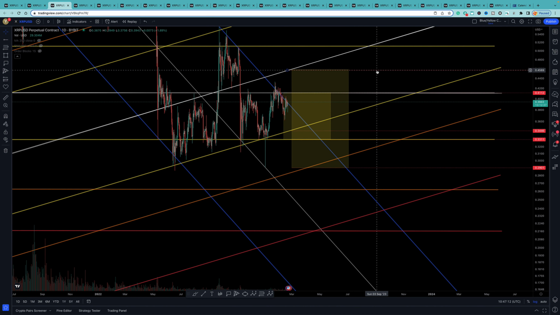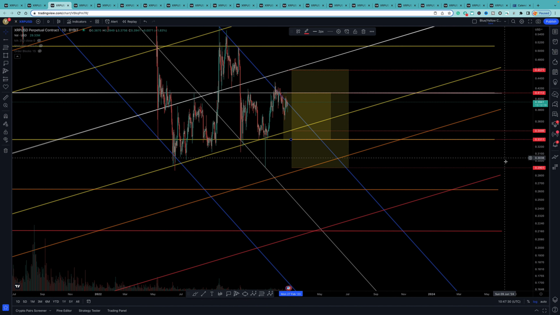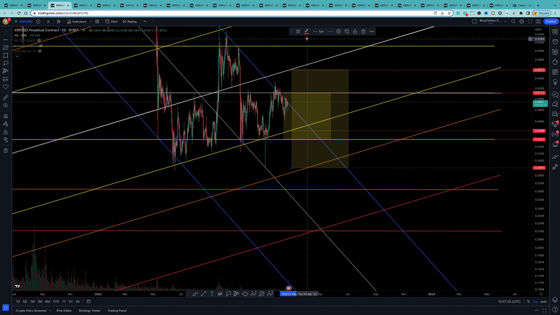Potentially, just make these a little clearer. We could have a breakout, volume kicks in, and all this gets blasted through. But we'll see the ranges we're looking for, yeah.